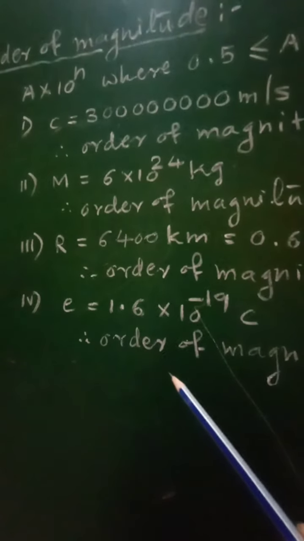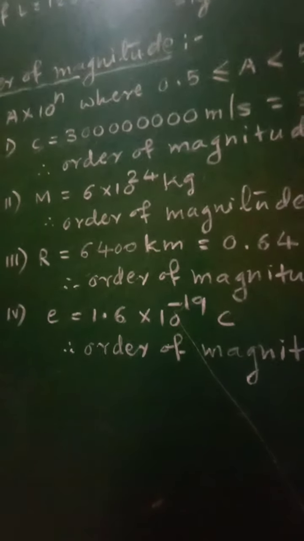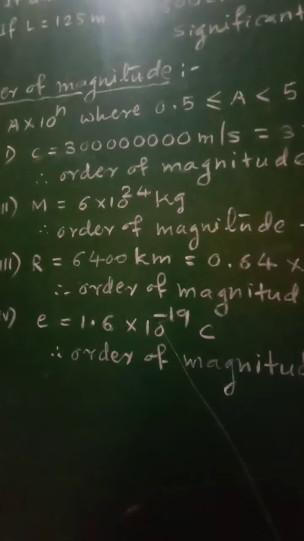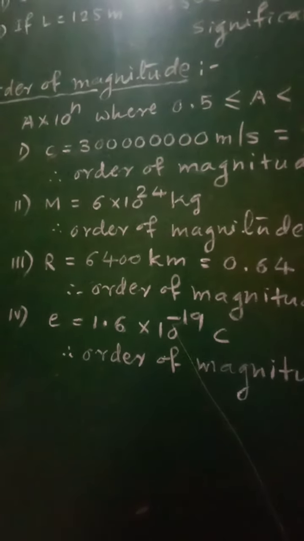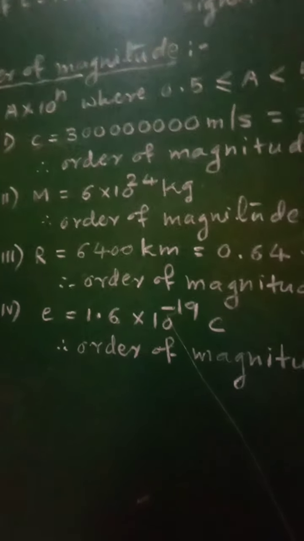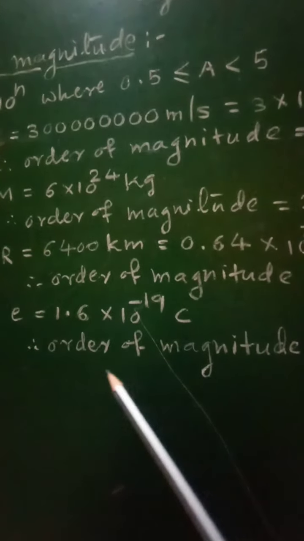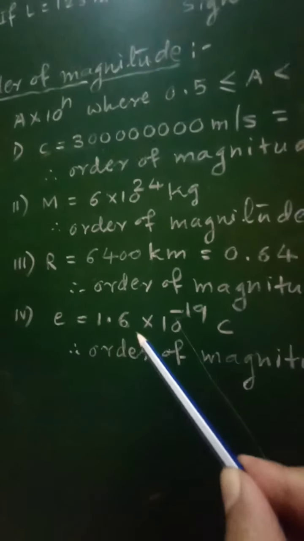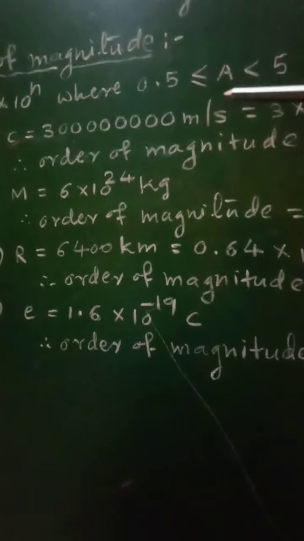Similarly, the next example gives the charge on the electron, that is 1.6 into 10 raised to minus 19 coulomb. Therefore the order of magnitude for it will be equal to minus 19, because this 1.6 again fulfills this condition.